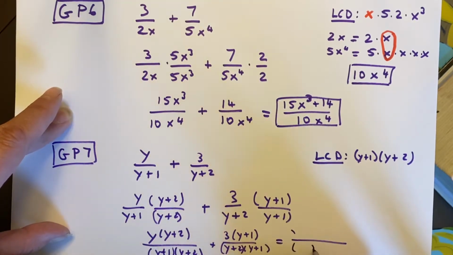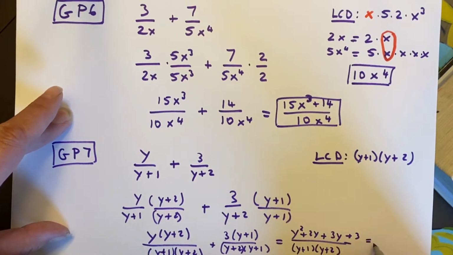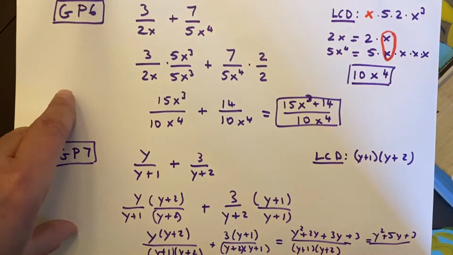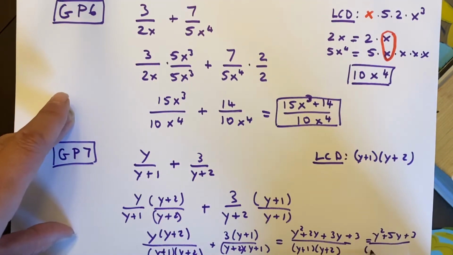My denominator is y plus 1, y plus 2, and I have y squared plus 2y plus 3y plus 3, which gives me y squared plus 5y plus 3 over y plus 1, y plus 2.